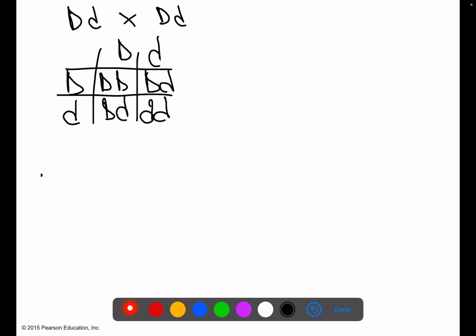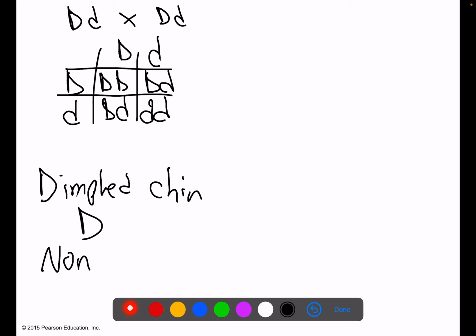You might remember that if we talked about it in lab, a dimple chin is dominant over non-dimple chin. That's a little d. So if you're big D, or big D, little d, you're going to have a dimple chin. If you're little d, you're going to have no dimple on your chin.